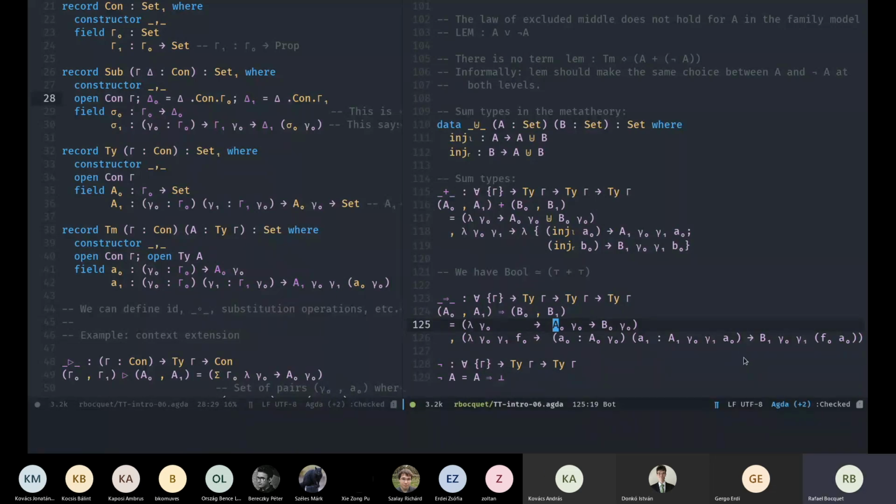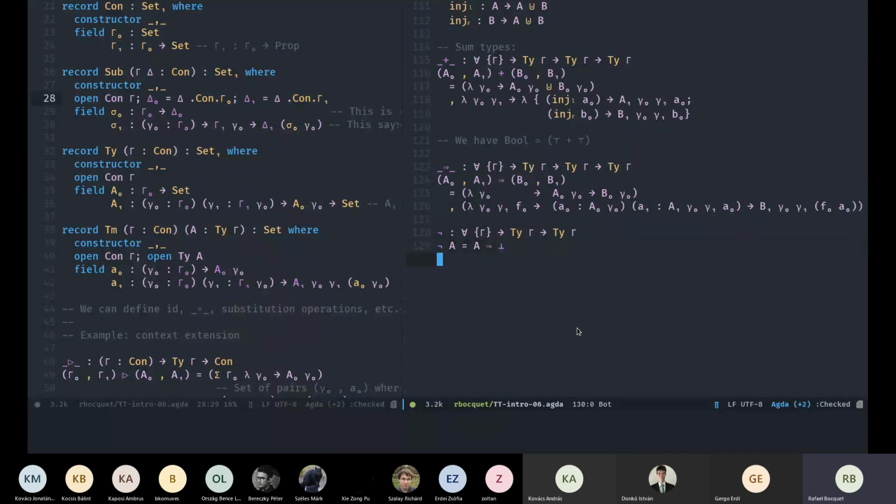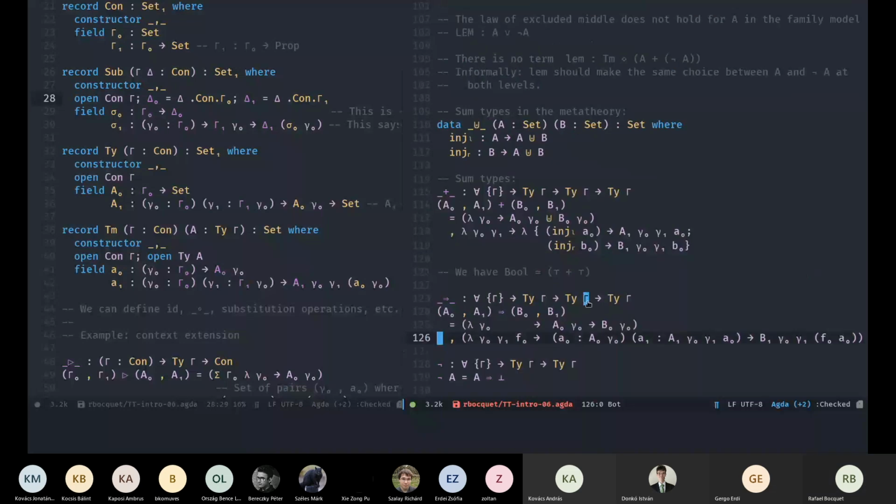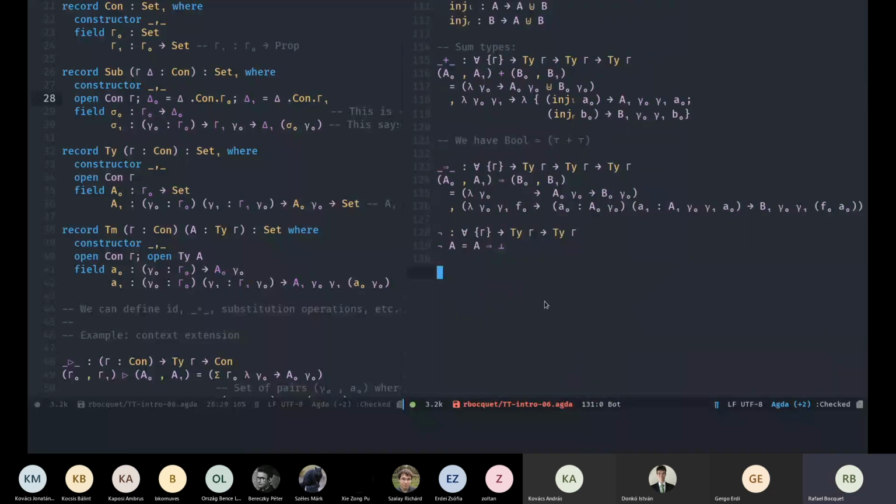This barely fits on the screen. Okay, and now we can try to define a term of type A or not A.